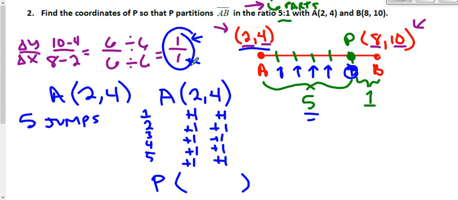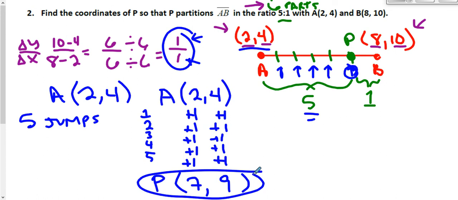So let's see, 2 plus 1 plus 1 plus 1 plus 1 plus 1 is 7. And 4 plus 1 plus 1 plus 1 plus 1 plus 1 is 9. So the point 7, 9 is going to show me exactly where my partition is supposed to be, because it's 5 jumps away from A, and each jump brought me 1 space on the y-axis and the x-axis.